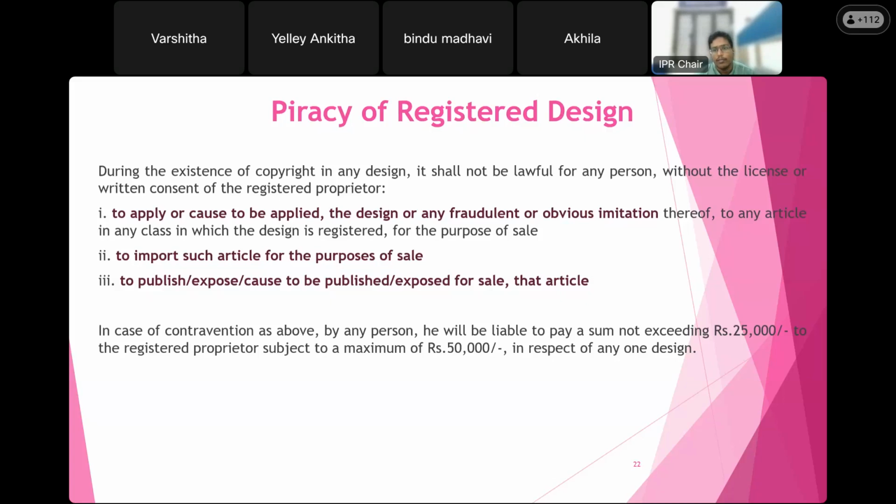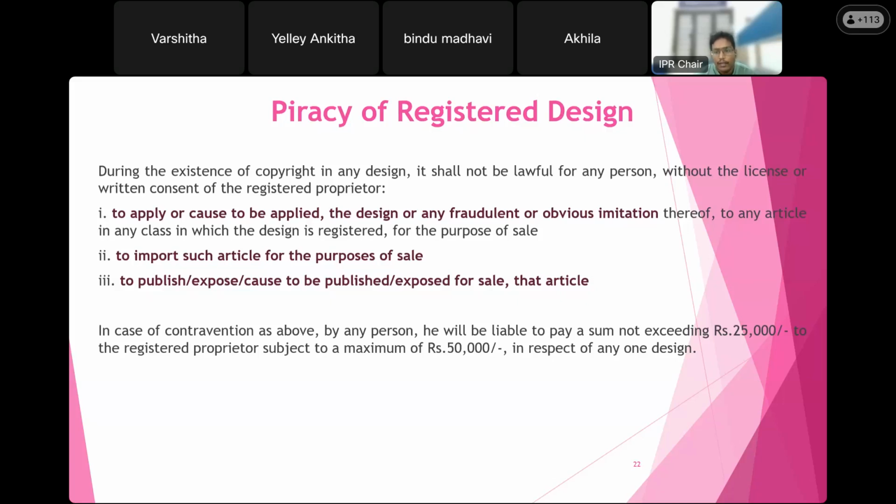It shall not be lawful for any person to do this without the license or consent of the design registration owner. So it is not allowed. If someone does it, the owner can sue you.